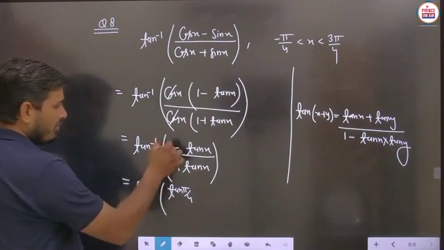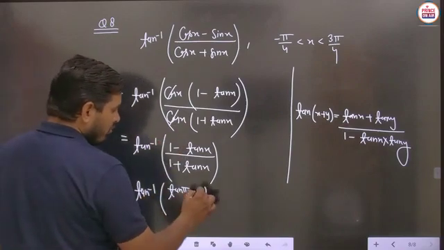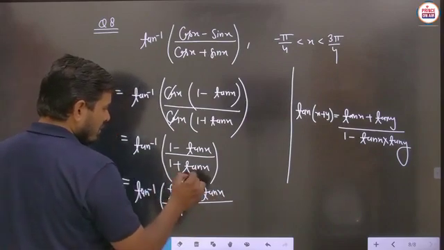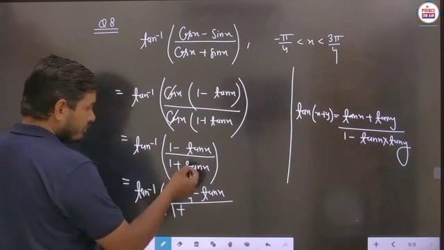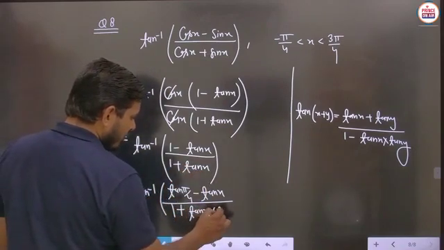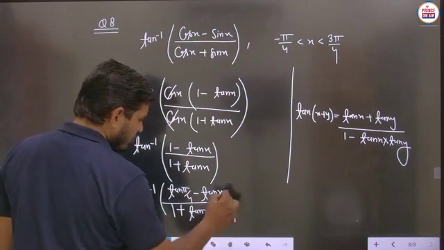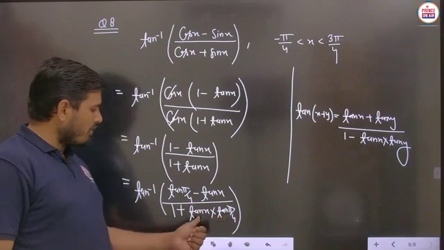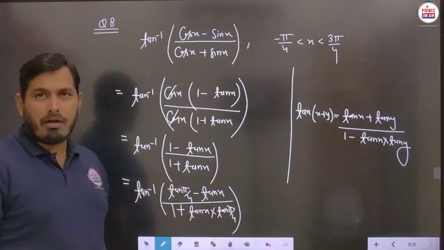So this 1 can be written as tan pi by 4 minus tan x divided by 1 plus, here this tan x is multiplied with tan pi by 4, there should be no problem, because tan pi by 4 is already 1, so 1 multiplied with tan x is just tan x.